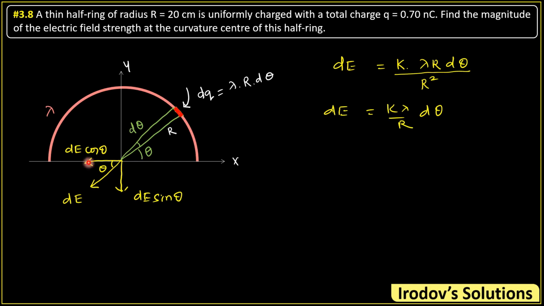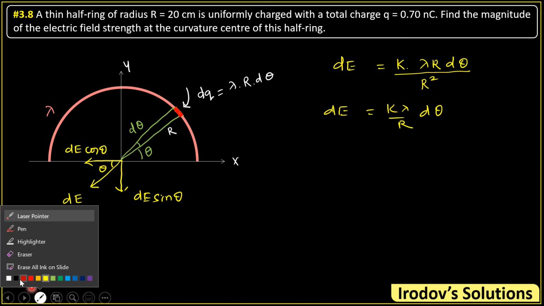So for all the elements symmetric about the y-axis, the x components get cancelled. We will remain with the electric field only due to the y components. The y components will add up, and the x components will all cancel each other.